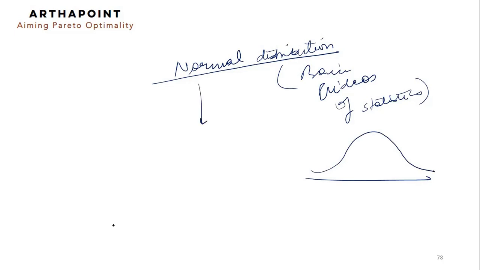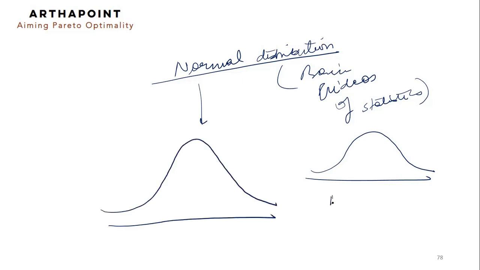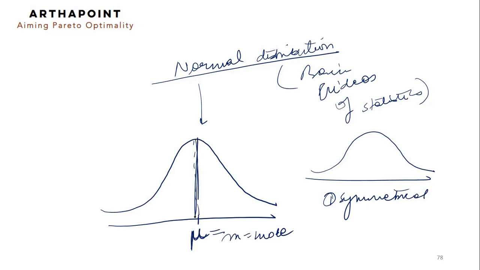A normal distribution is something which is symmetrical. What do I mean by symmetrical? It means that if I find out the mean, which is equal to median, which is equal to mode, if I find mean, median, mode, which are all three equal in our case, then 50% of the data will lie here and exactly 50% of the data will lie here.